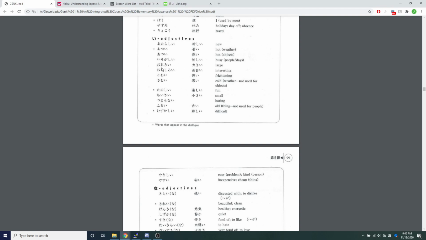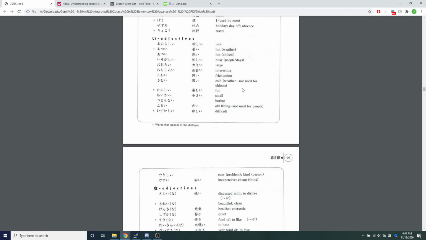Because you do have to put those two o's there to mean big. Be careful of that. People often misspell it. 面白い is interesting. It can also mean funny. So if something is 面白い, it can be interesting or funny, like 面白い映画.